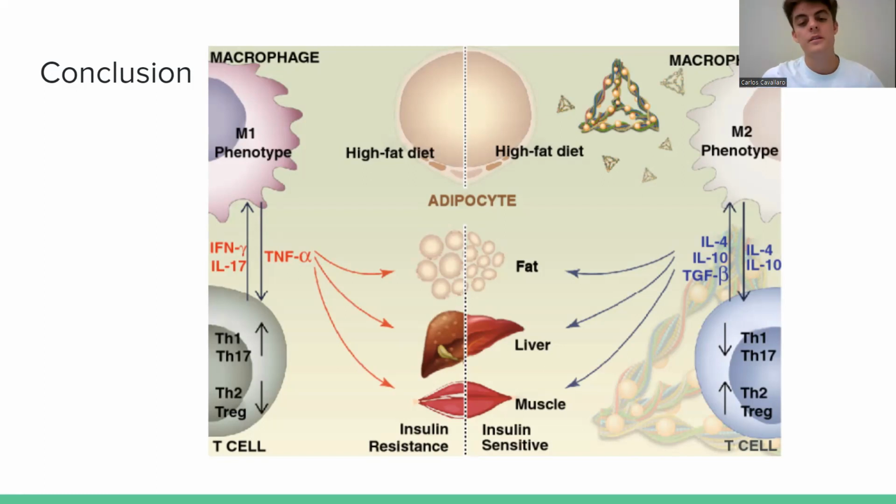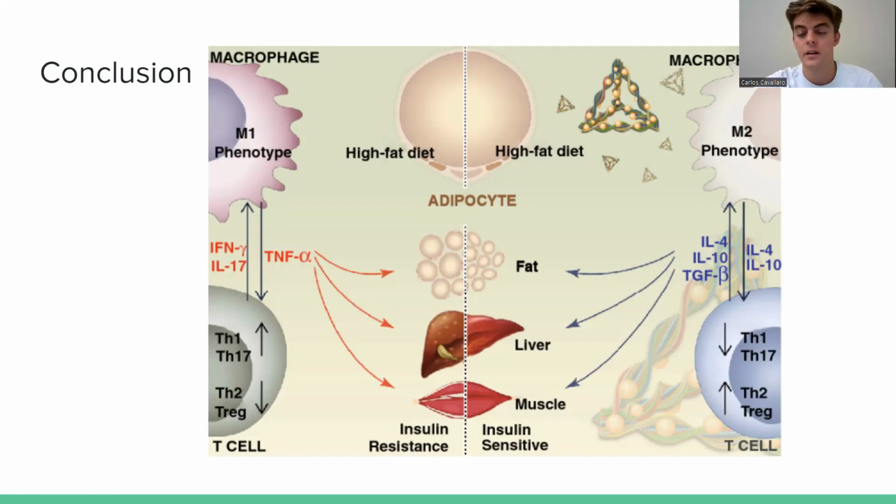And as you can see on the right, because of this treatment, there's a reduction in the size of the adipose tissue, the liver is much more healthy, and the skeletal muscles are also much more healthy, and there's overall more insulin sensitivity in the cells.